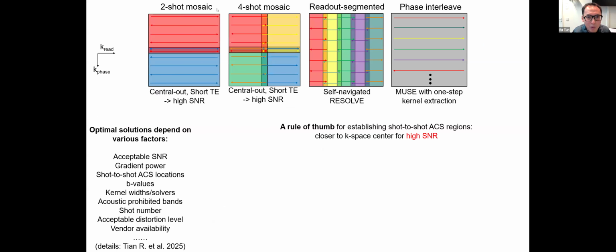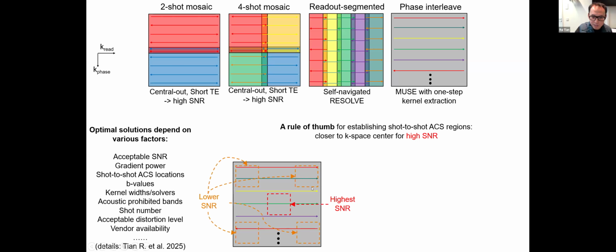And at this point, you may wonder what would be the optimized multi-shot sequence. And the answer is that there's not a single answer because the optimal solution depends on many, many factors. For the details, you can read my papers. But we can provide a rule of thumb for establishing the shot-to-shot ACS regions. That is, you need to establish regions that are close to the k-space center for high SNR.